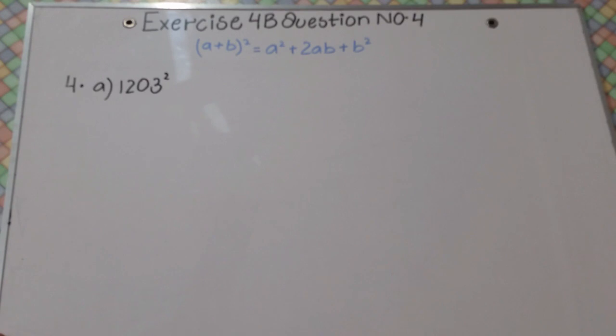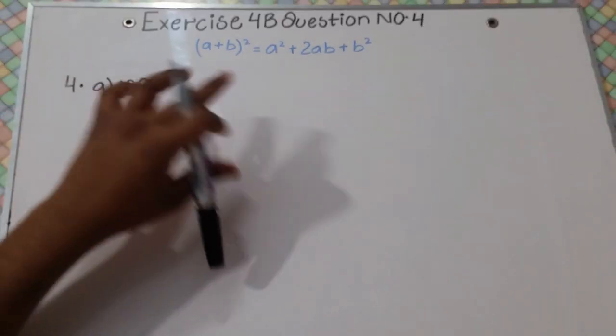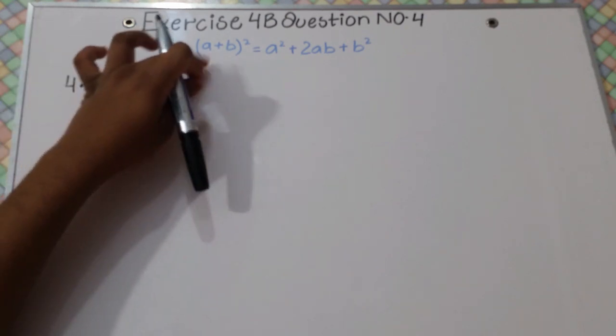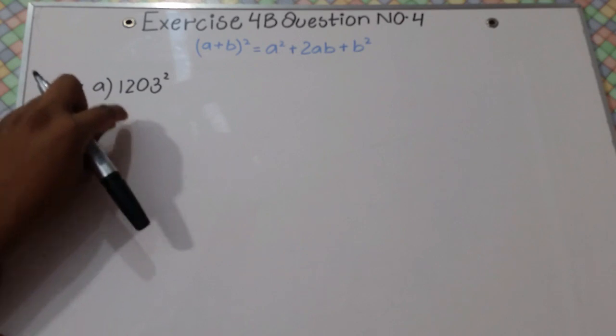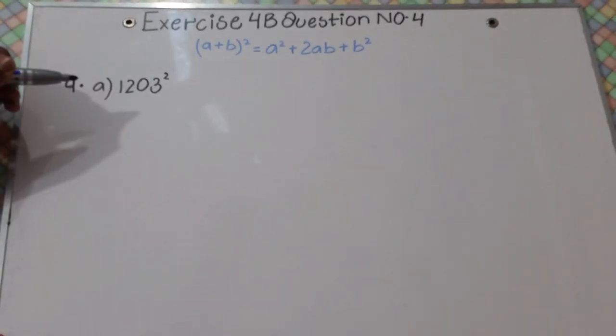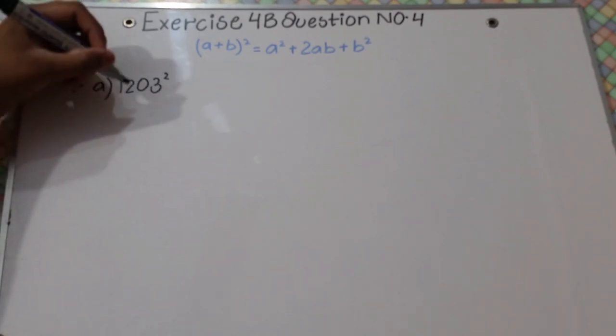We first break this number into two different numbers, a and b, and then put a whole square on it.